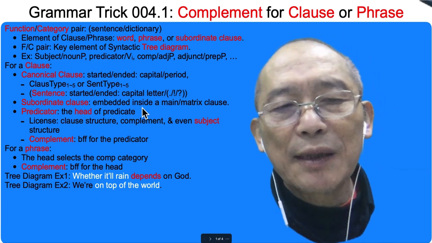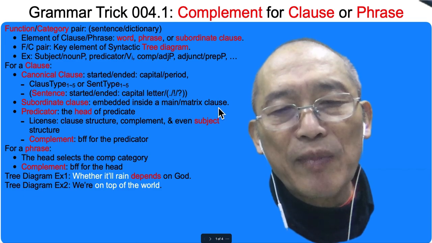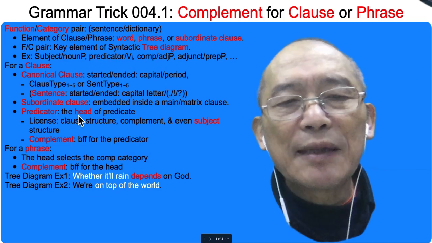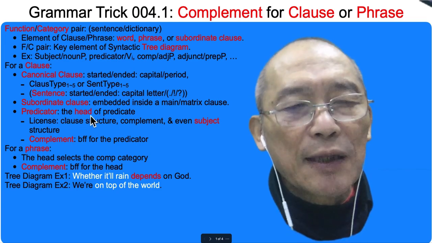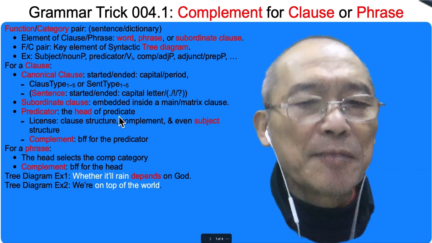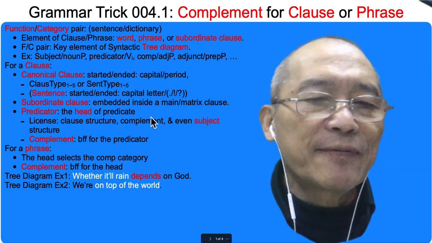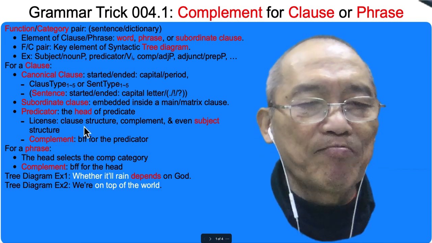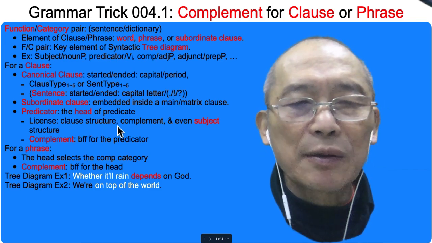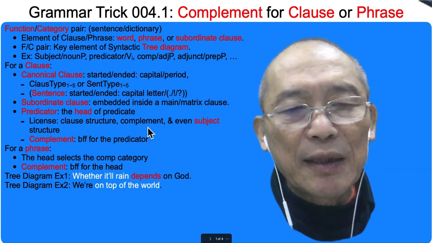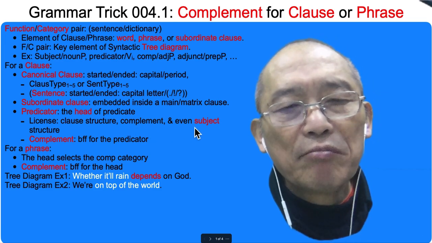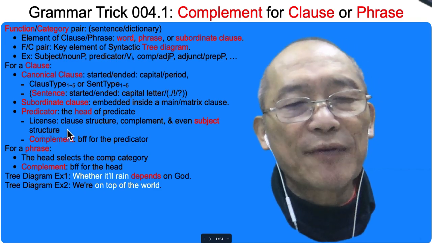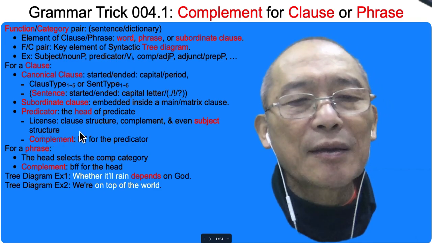Which is a clause embedded inside a main clause or matrix clause. And the predicator is the head of the clause or the head of the verb phrase. Predicate is the verb phrase. And the predicator can license or can determine the structure of the whole clause. And it can determine how many complements and even the subject structure. Can it be a phrase or a subordinate clause?